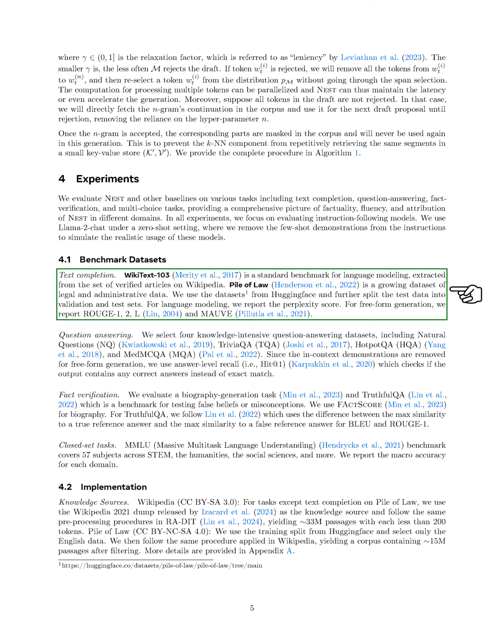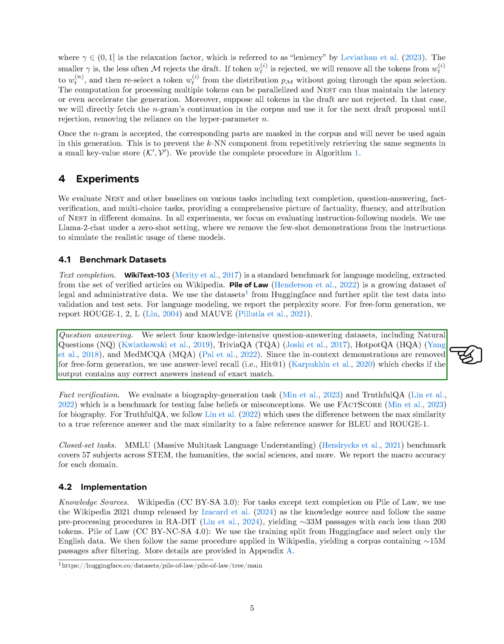We measure language modeling performance using perplexity scores and assess free-form generation using metrics like Rouge 1, Rouge 2, Rouge L, and MAUVE. In question answering, we work with knowledge-intensive datasets such as Natural Questions, NQ, TriviaQA, TQA, HotpotQA, HQA, and MedMCQA, MQA.